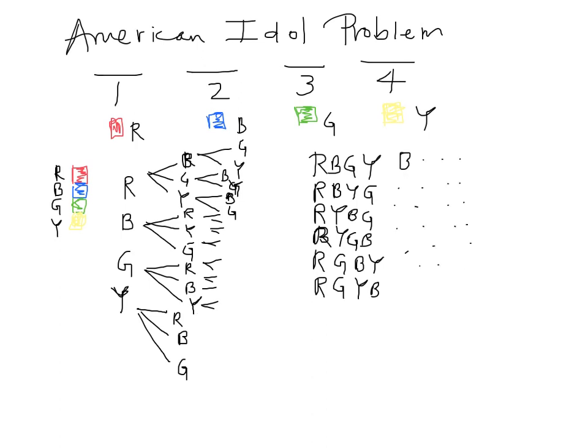So there are different ways you could do this. We could even do like we did with the dice. We could draw a chart to help us. Red, blue, green, yellow, and then up here, red, blue, green, yellow.